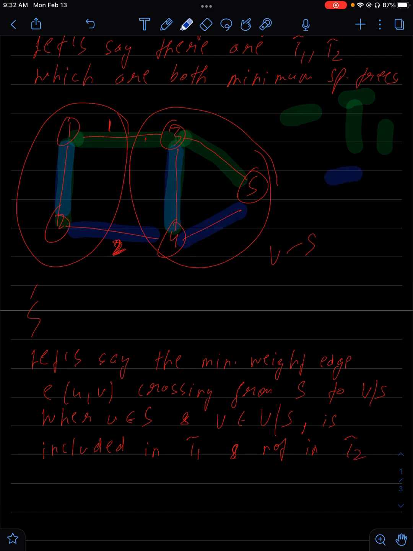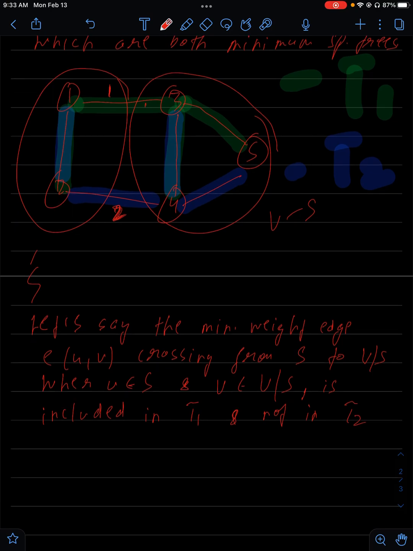This is our T2. Now we know that the minimum weight edge, which has a weight of 1, going from 1 to 3, is in T1. And the minimum weight edge crossing the cut in T2 has a weight of 2. But the thing is, T2 can't be a minimum spanning tree, because it doesn't have 1.